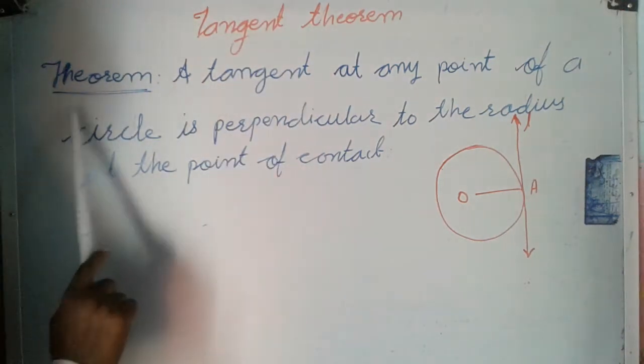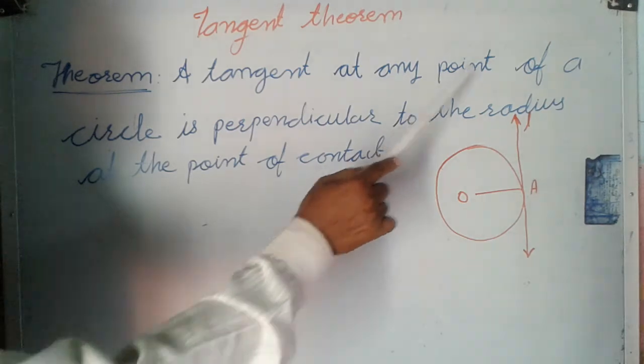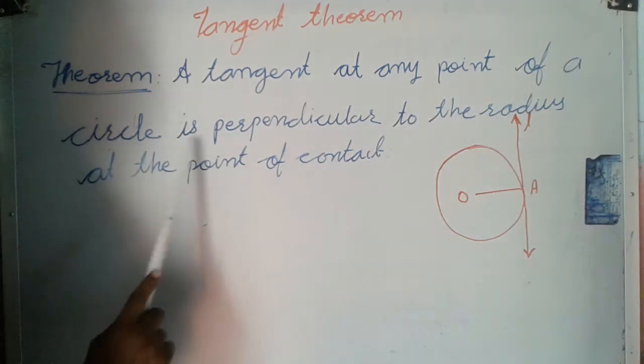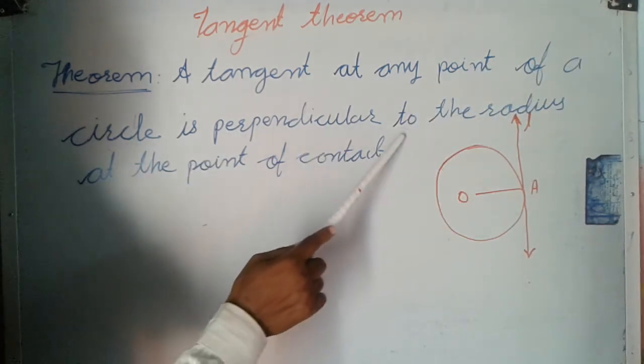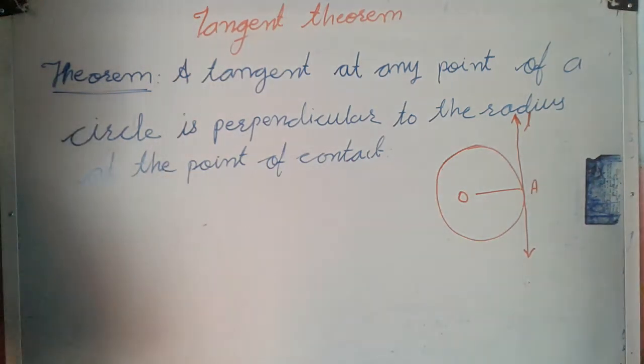Tangent theorem. The statement of the theorem is: a tangent at any point of a circle is perpendicular to the radius at the point of contact.